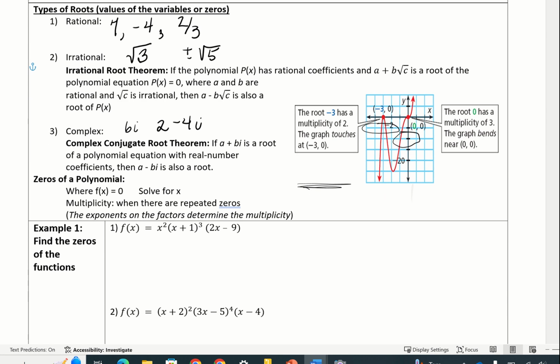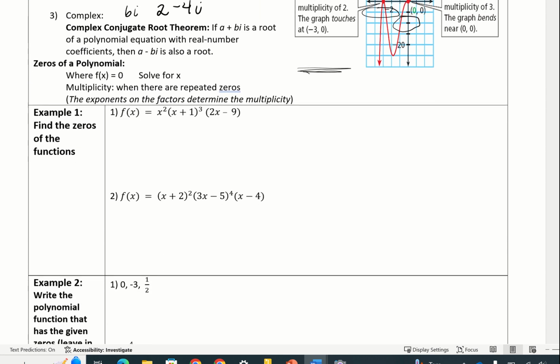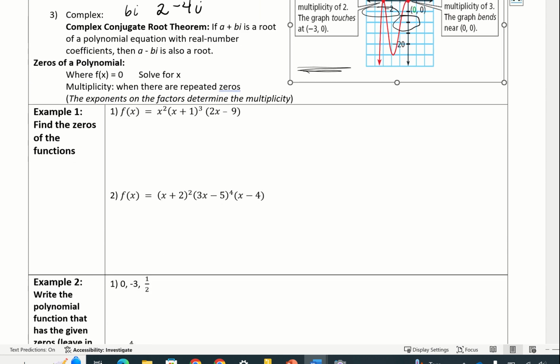So we're going to look at this first one down here, which is find the zeros of the function. And anytime we want to find the zeros of the function, we just set each of our factors equal to 0. Just so you know, this x squared is basically x times x. So when I'm setting that equal to 0, either the first x can be 0 or the second x can be 0.